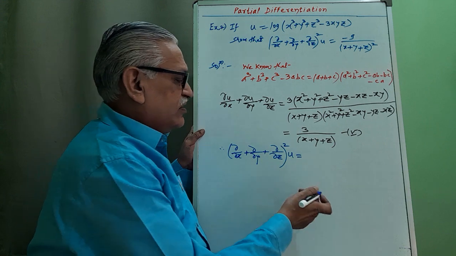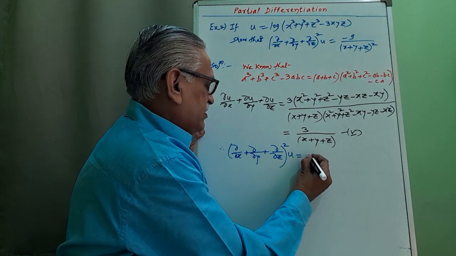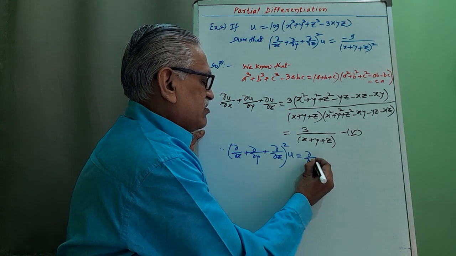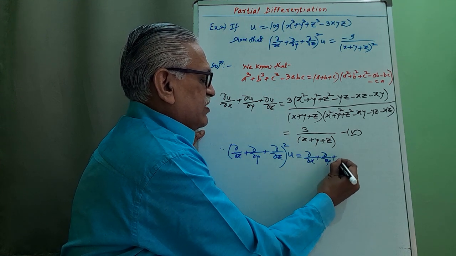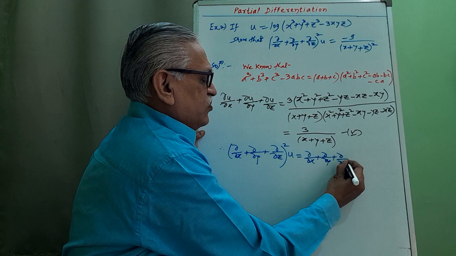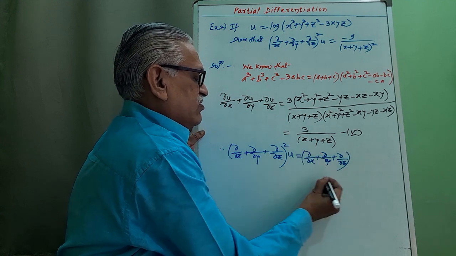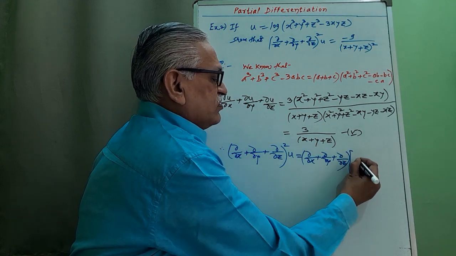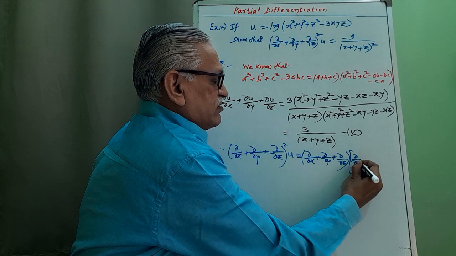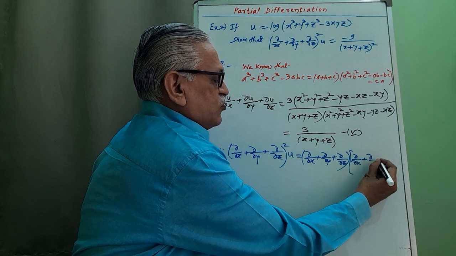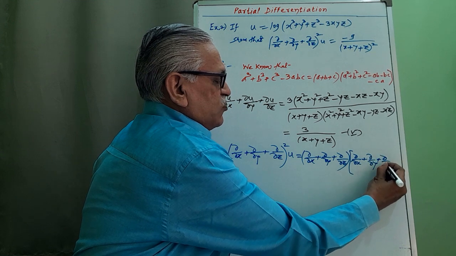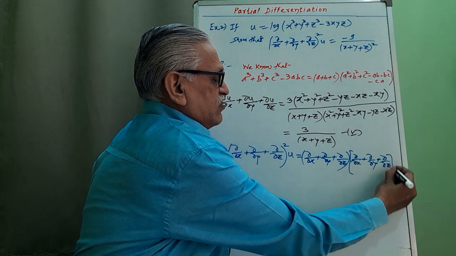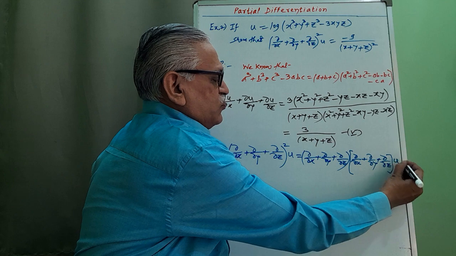Square means the same operator is operated twice, therefore it is (∂/∂x + ∂/∂y + ∂/∂z) operated on (∂/∂x + ∂/∂y + ∂/∂z) operated on u.